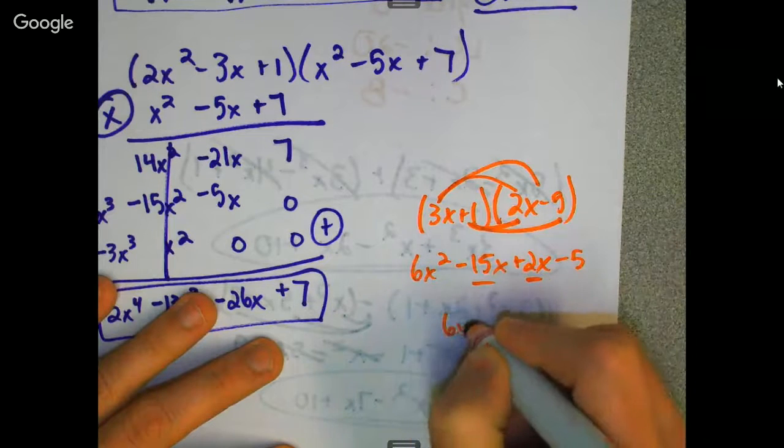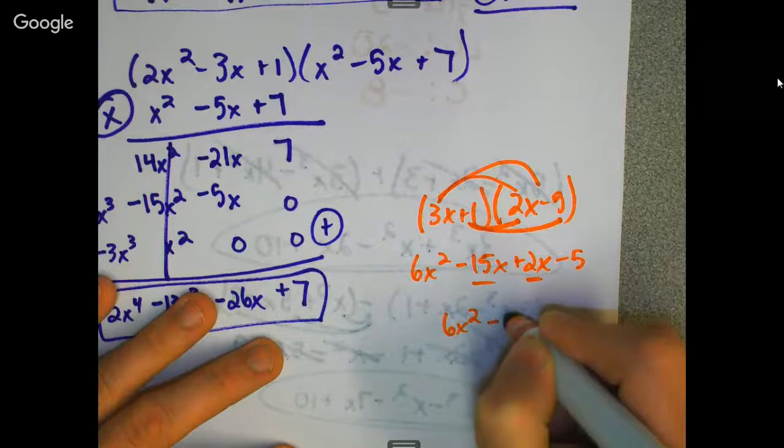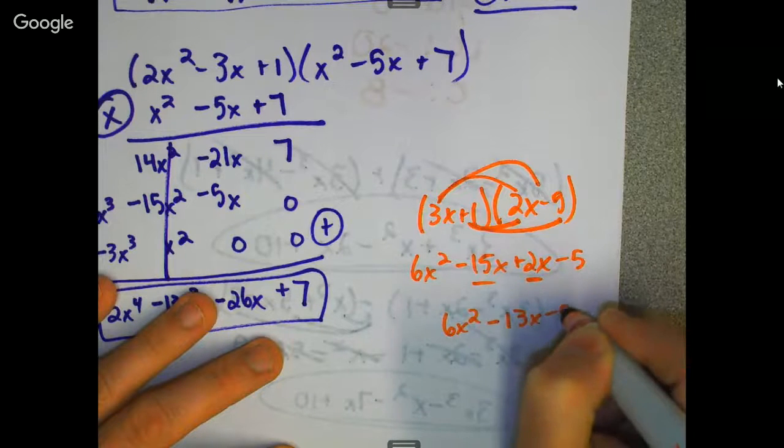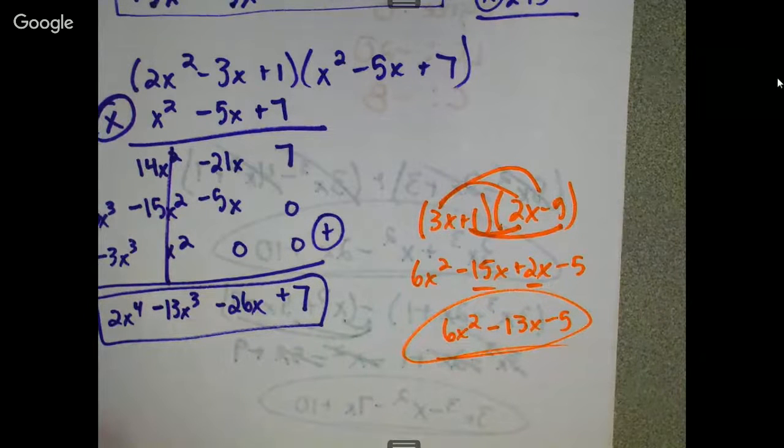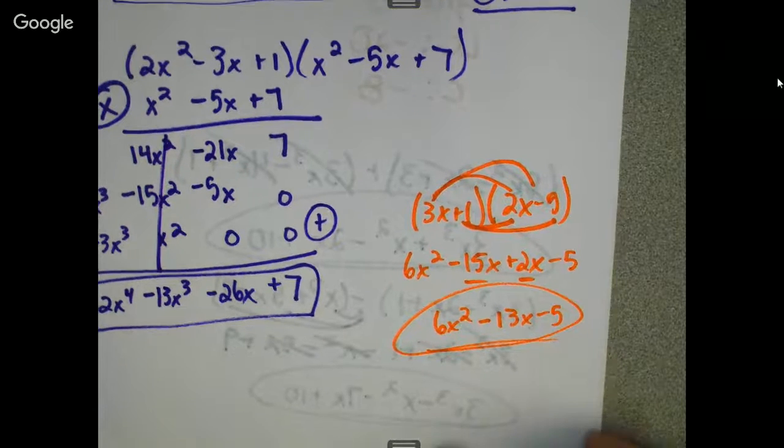So it's 6x squared minus 13x minus 5. Okay, so that is multiplying, and again, they can be of any size that you want there.